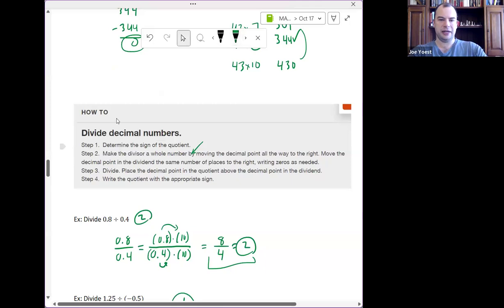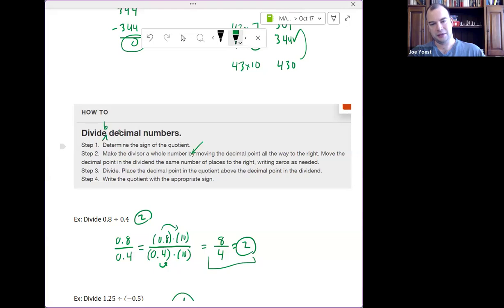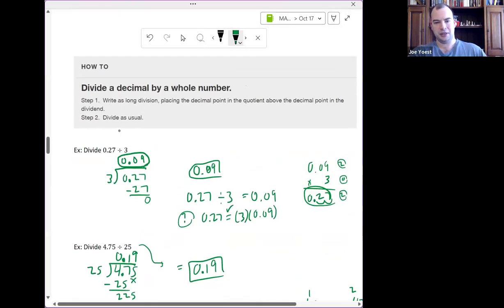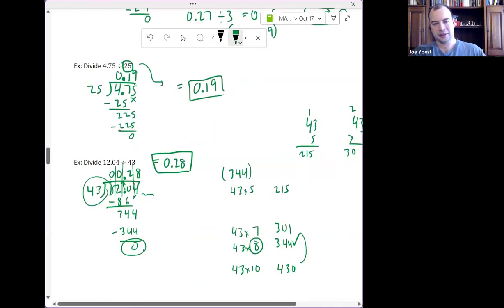So when we set up here dividing decimal numbers, really what we're interested in is dividing by decimal numbers. So anytime we're dividing by a decimal number, we're going to use this strategy, right? It's really a question of what is the divisor, what is being divided by.